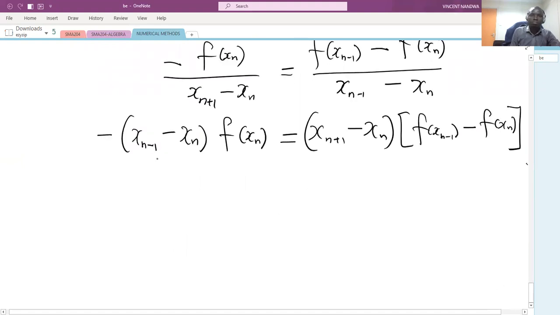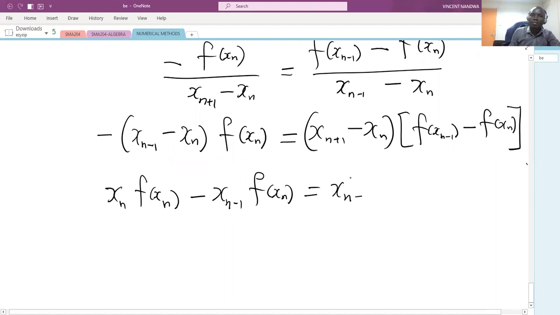So opening the brackets will give us xn f of xn minus xn minus 1 f of xn equals xn plus 1 times f of xn minus 1 minus f of xn, and then we have minus xn times this one here.